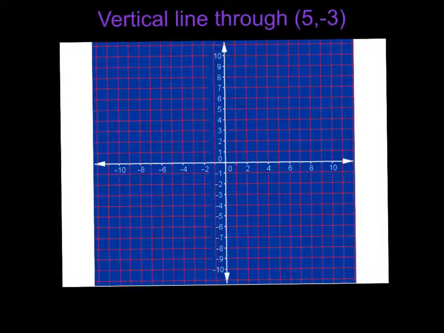The last example is the vertical line that goes through point 5, -3. Again, we need to locate 5 on the x-axis, which would be right here, and -3 on the y-axis, which is right here, and see where those cross. 5, -3, the point would be right here. If we have a vertical line, that's like you're standing tall, so you have a line that goes up and down.